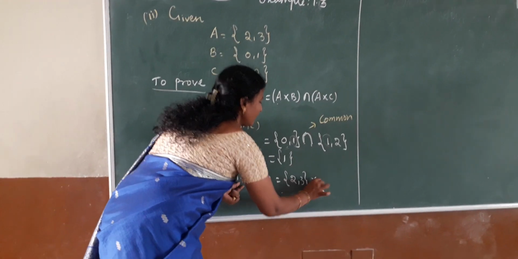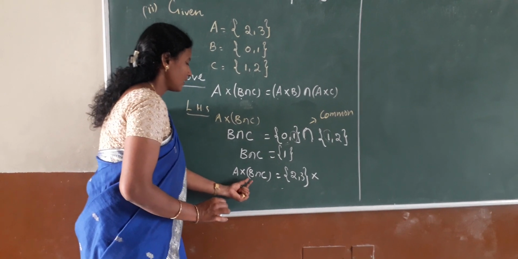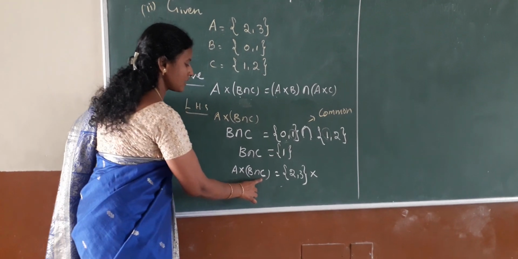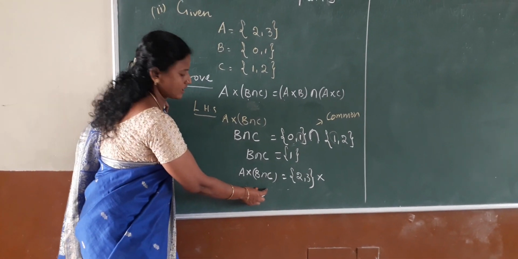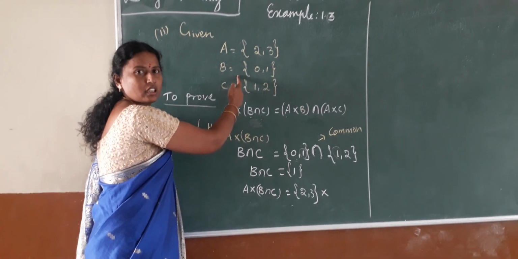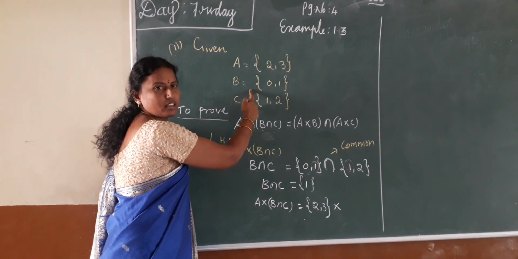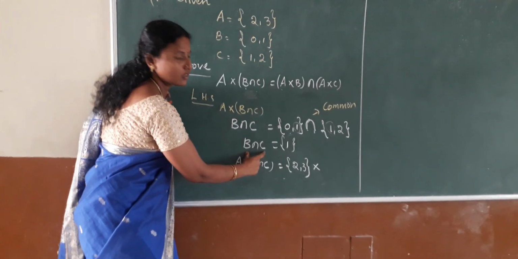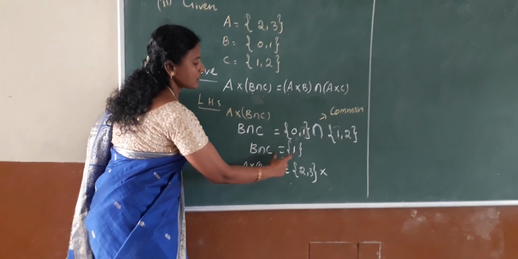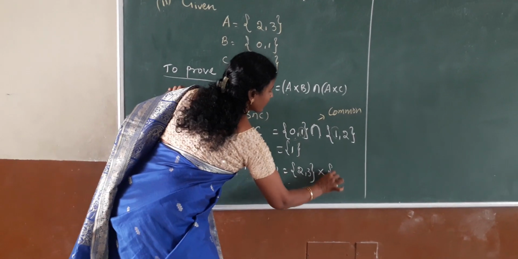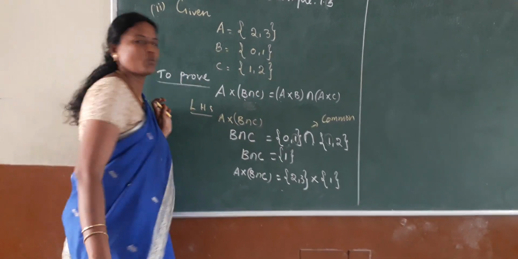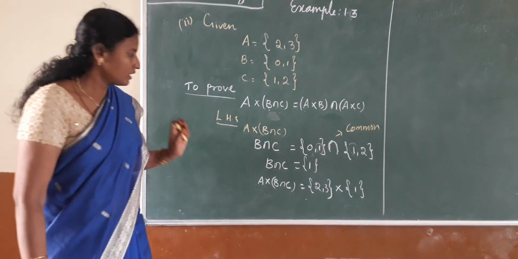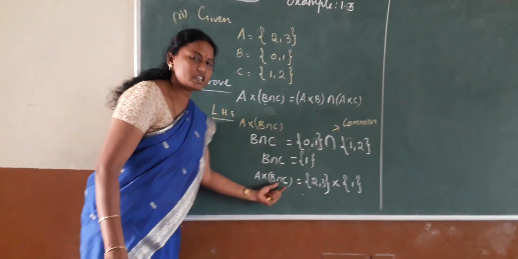Cross. And then what is the value for B ∩ C? Is the B ∩ C value given in the question? No, they didn't give the answer, but we found it now. B ∩ C = {1}. So you write the value 1. Clear?